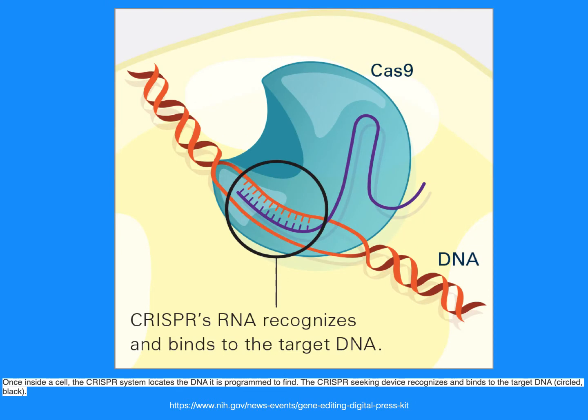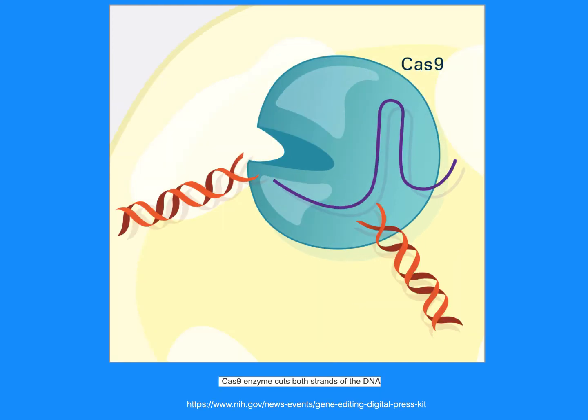Once inside a cell, the CRISPR system locates the DNA it is programmed to find. The CRISPR-seeking device recognizes and binds to the target DNA. Cas9 enzyme cuts both strands of the DNA.